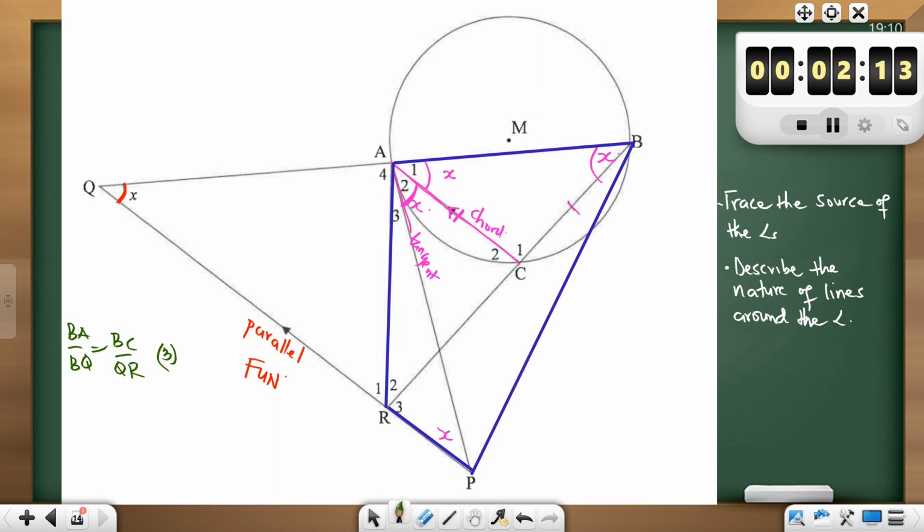Trace the lines first. It's going to assist you. Remember the skill. Guys, don't just run into a question blindly.